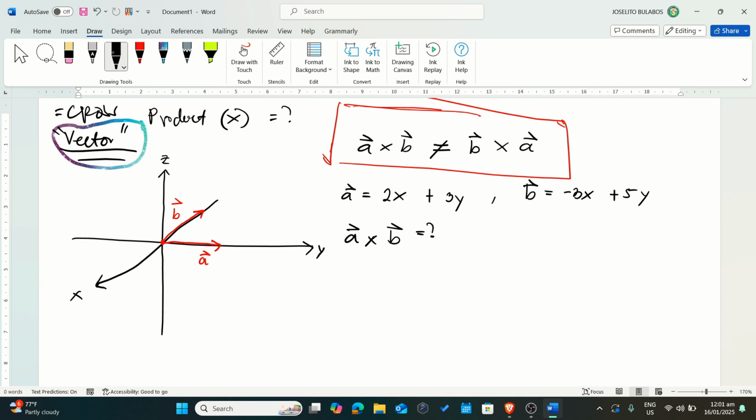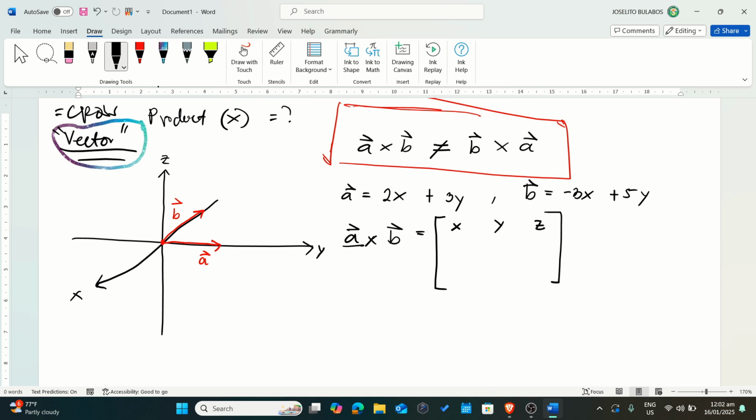So what we can do is put this one in a table. So we are going to create a table. It would look like this one. Okay, so we have here x, y, and z. Now the first one is A, so we are going to get the coefficient of every term.